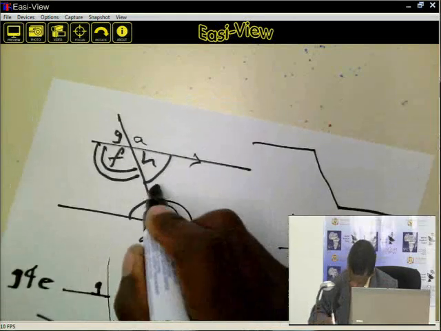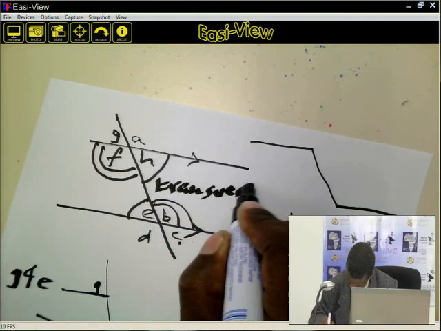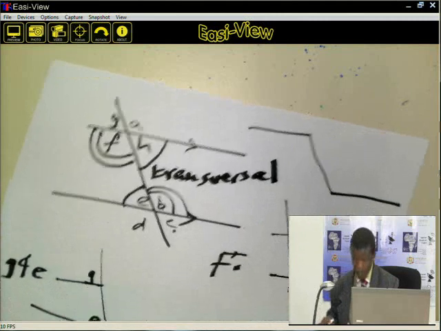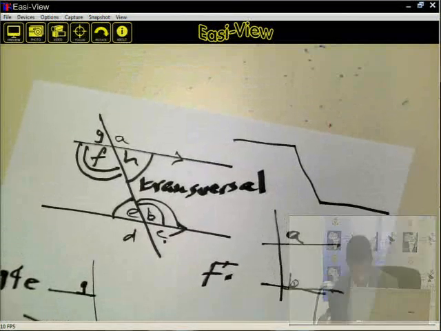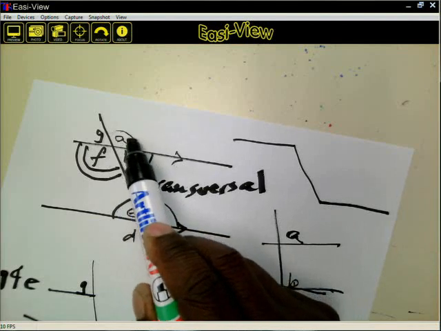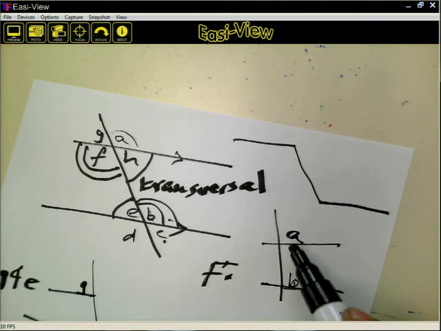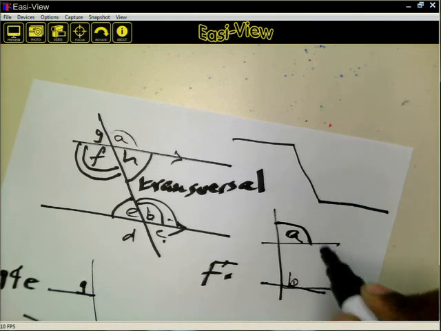Now, how will you recognize, apart from the F, corresponding angles? This line here is called the transversal. Corresponding angles are on the same side of the transversal. A is to the right, so is B. A and B are corresponding, they are to the right.